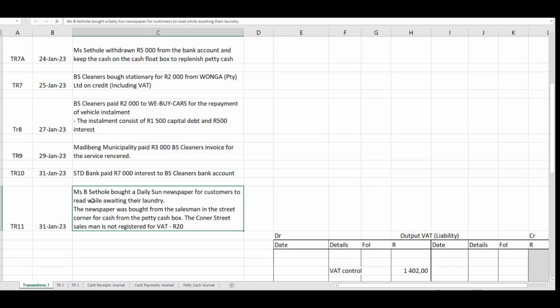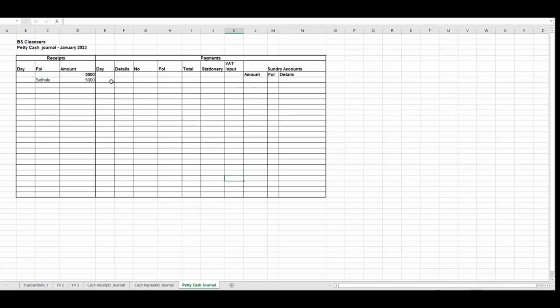I think the petty cash journal, because we have used money from the petty cash box, isn't it? And it's 20 rand. So on the petty cash journal, we're going to fill in all the details and put the amount of 20 rands.